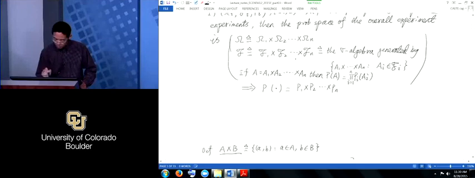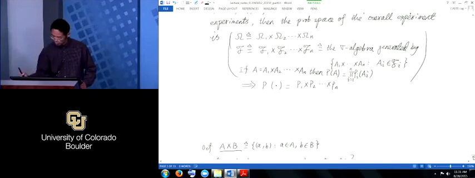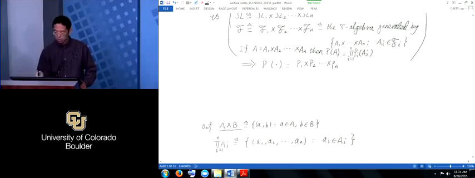Okay, how about this one? This is a product, but each of these is a set, so this is a set of sets, right? What do you mean by this? It actually means the sigma algebra generated by this one. First of all, you know the sets I just defined for you, the product of A1 up to An.